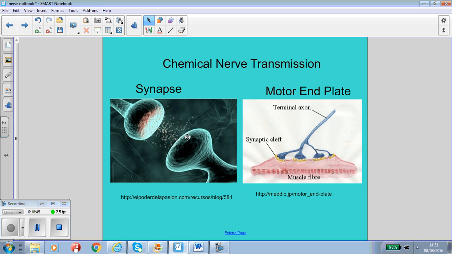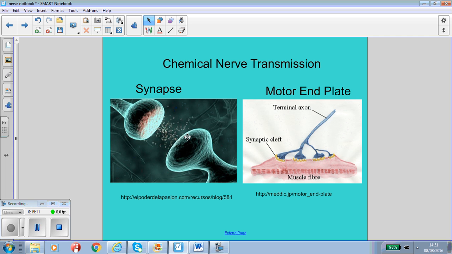Now, neurotransmitters, there's lots of them, and they're chemicals that you may have heard of. It's things like dopamine, serotonin, acetylcholine. Sometimes we call them happy drugs, happy hormones. Now, they're not hormones, they're neurotransmitters. But often we think of particularly serotonin as being a happy thing.